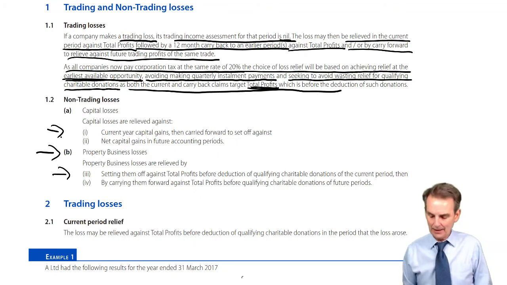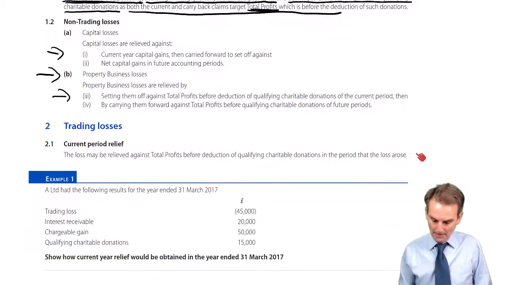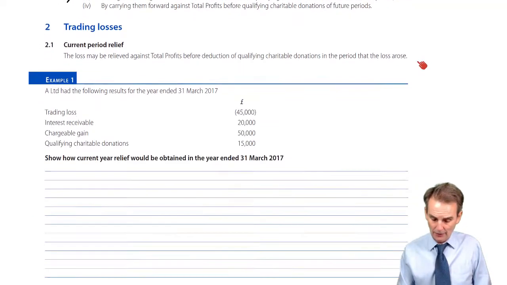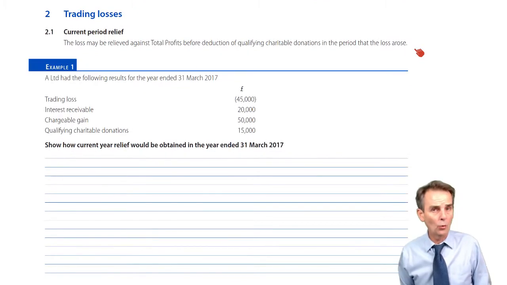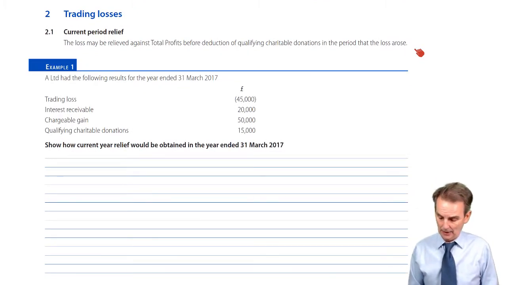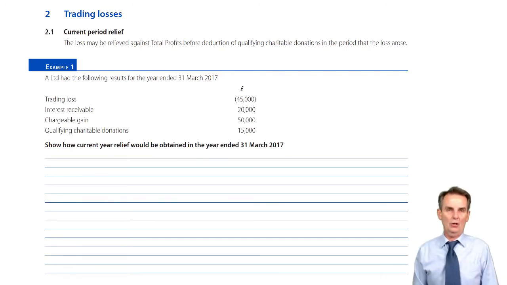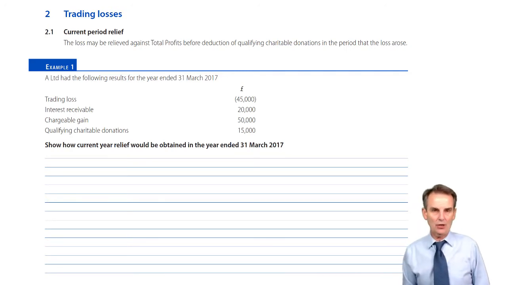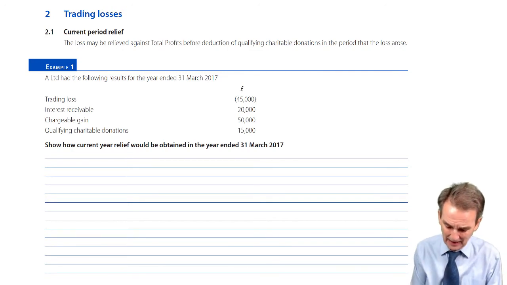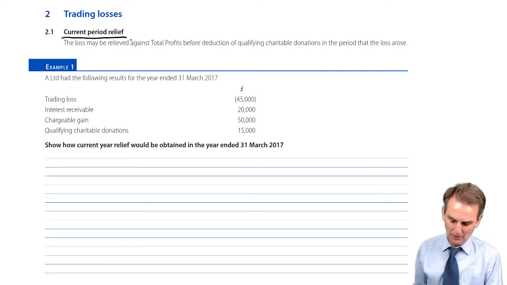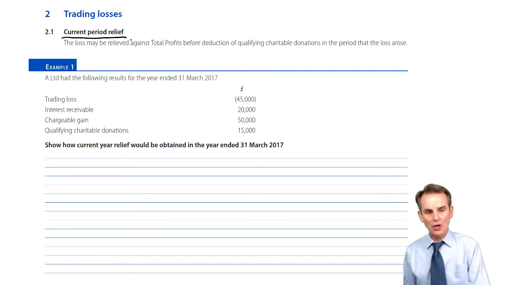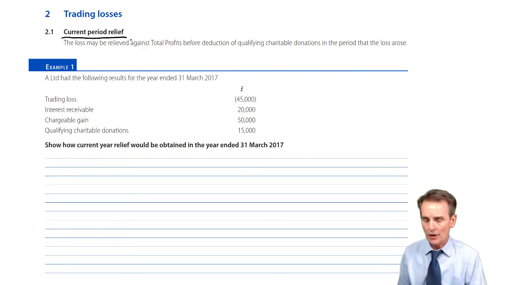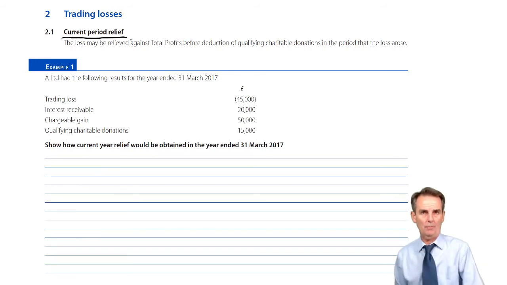All right. It is therefore these trading losses that are going to occupy most of our attention, most, if not all, of the marks in terms of any examination question. And I said to you, it was about structure of your answer, laying the information out. Now again here, we firstly have current period relief. The chances are in any exam question, you're not going to be presented with just the information for one period, the current period.